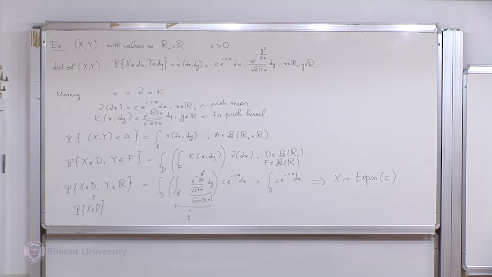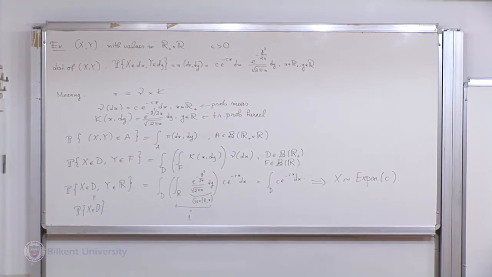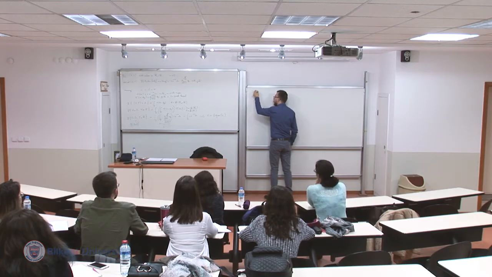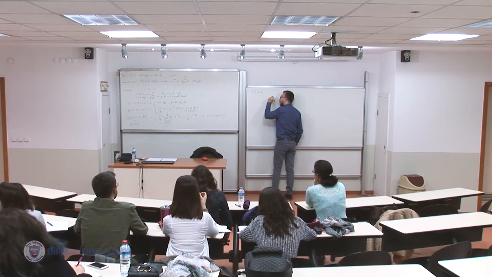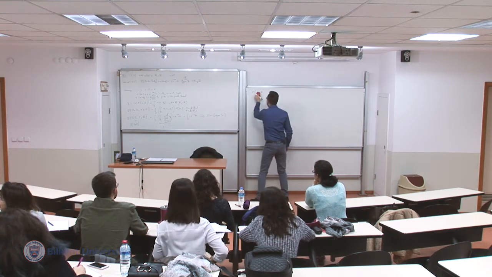So the more interesting question is the distribution of the second component, Y. Let's try to calculate it. Let me write it this way.